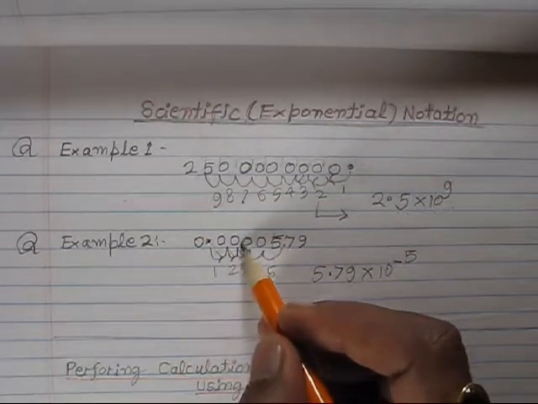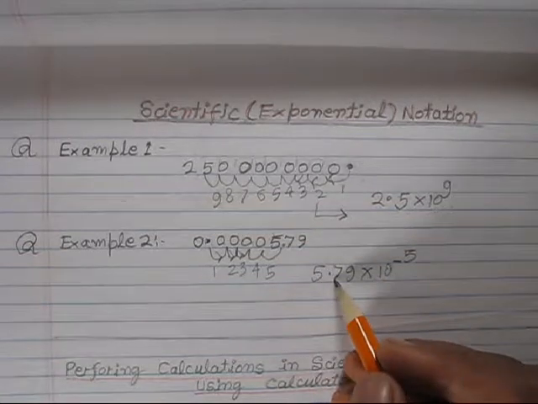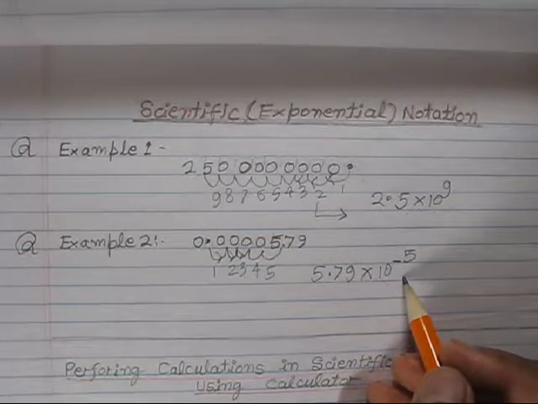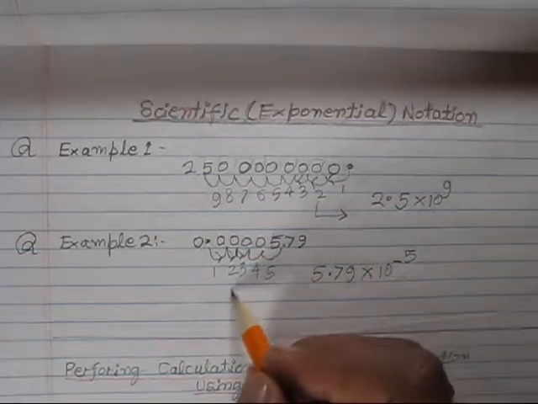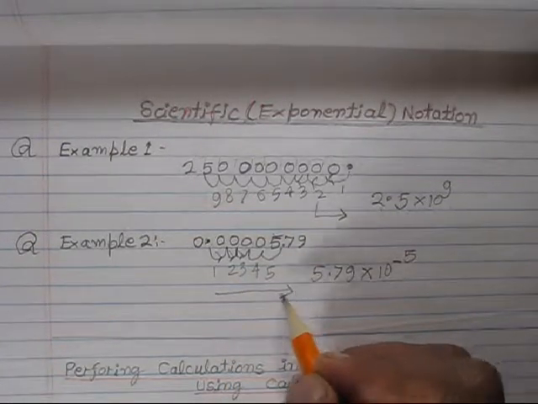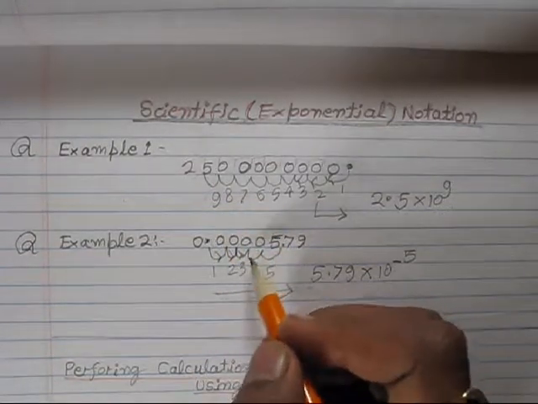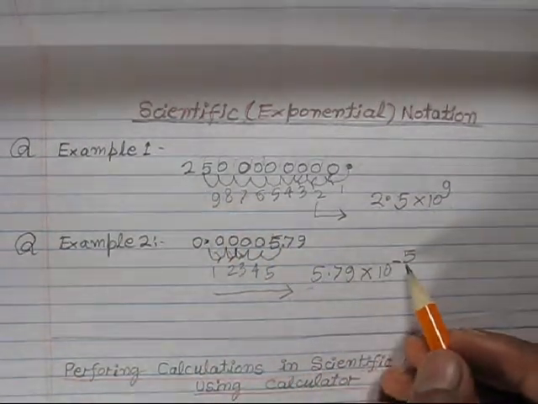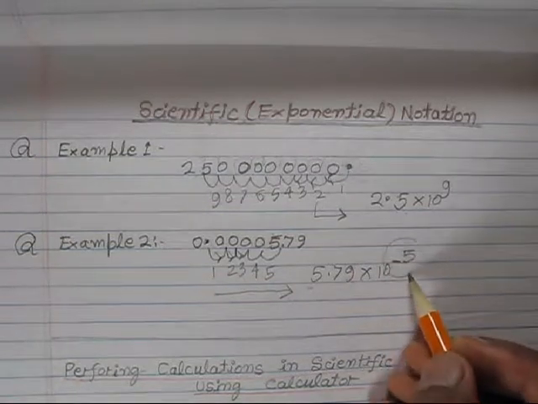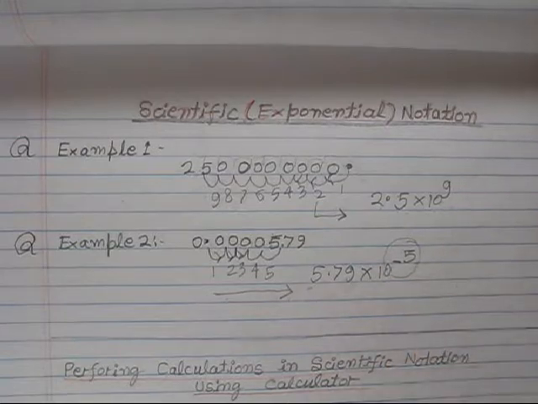So 1 2 3 4 and 5. So the answer would be 5.79 times 10 raised to minus 5. Basically this number is very small, that is why you have to write 10 raised to minus 5.